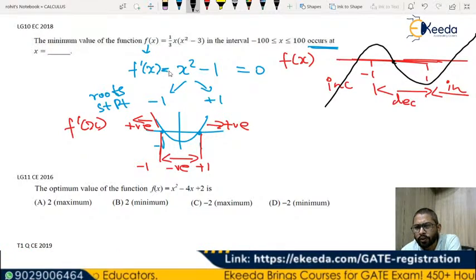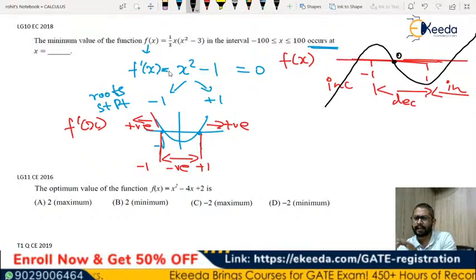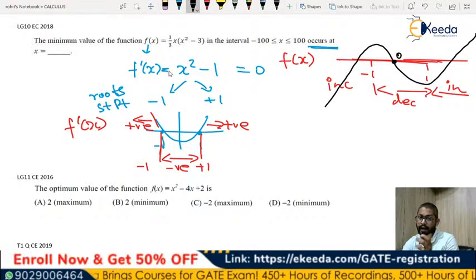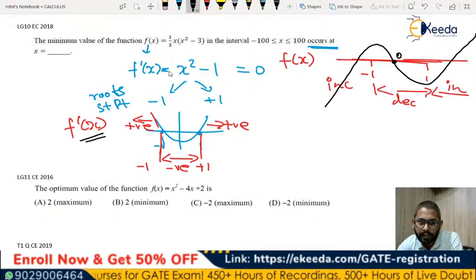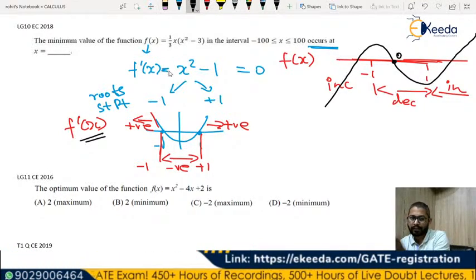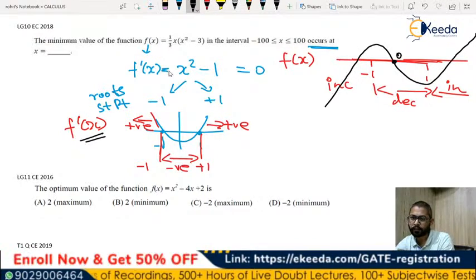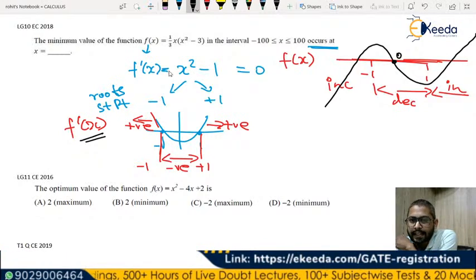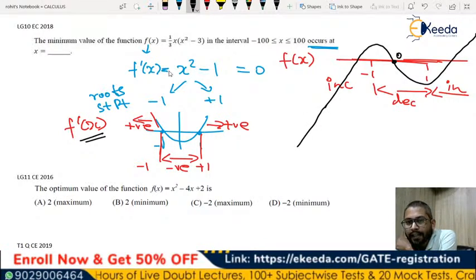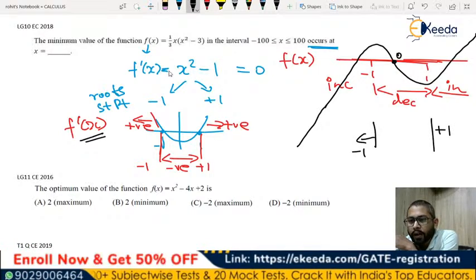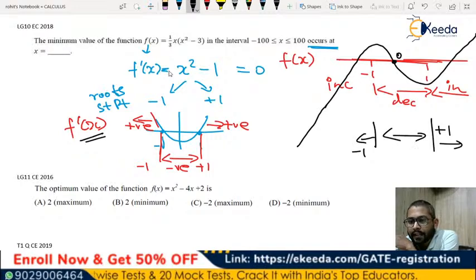This will be x equal to 0. You can find it, but that is not required. What I am concerned with is the nature of this graph of f of x. By looking into the negative and positive nature of the derivative, we can see the increasing and decreasing nature of the function. And if we know this, we can see that this function is increasing for less than minus 1 and increasing for greater than 1, and between this it is decreasing.